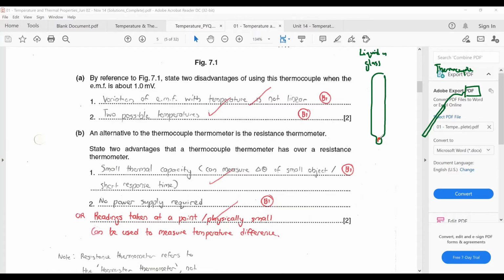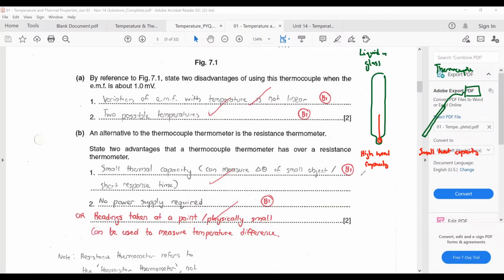If I tell you that this one has high heat capacity, and then I tell you that this one has small heat capacity.